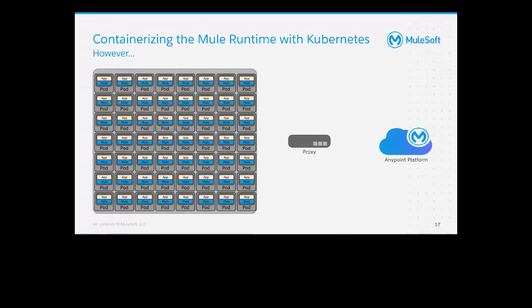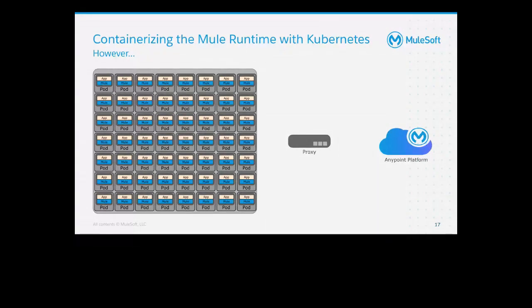There's another disadvantage, and this is something that I noticed with a number of customers that have been very successful and created a large number of applications and containerized them. One of my customers now has well over 300 Mule applications running in a Kubernetes environment.